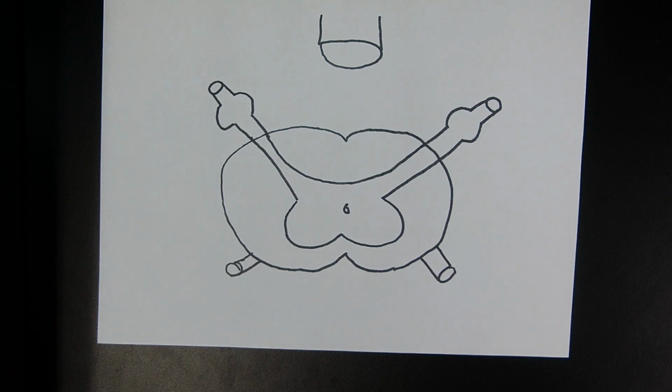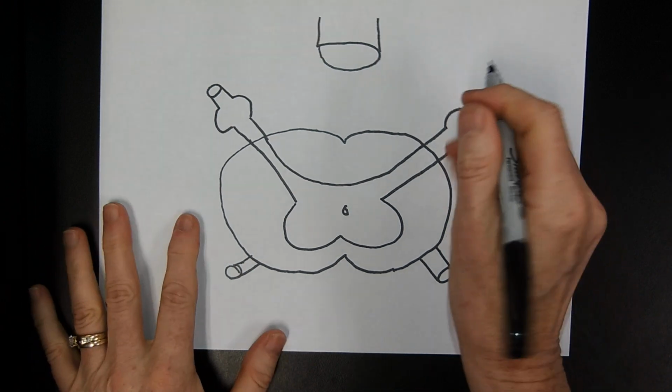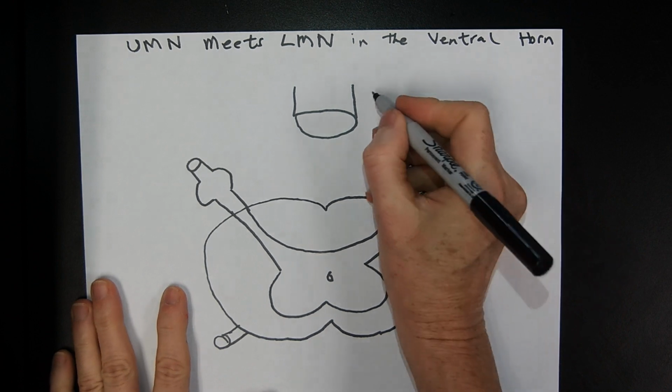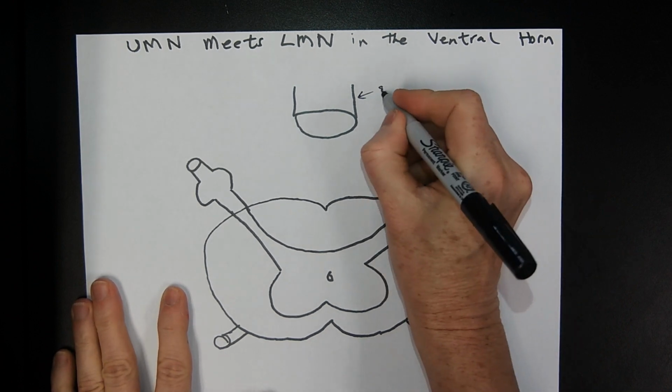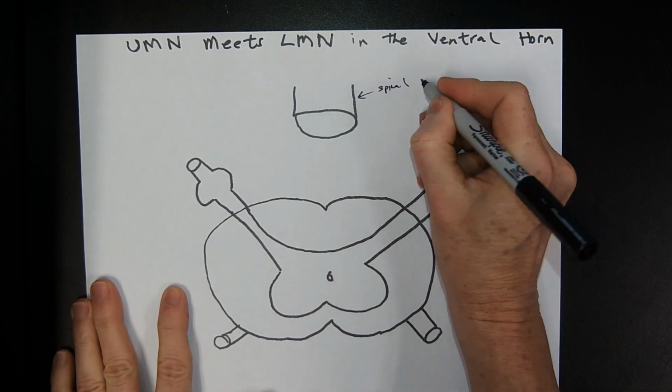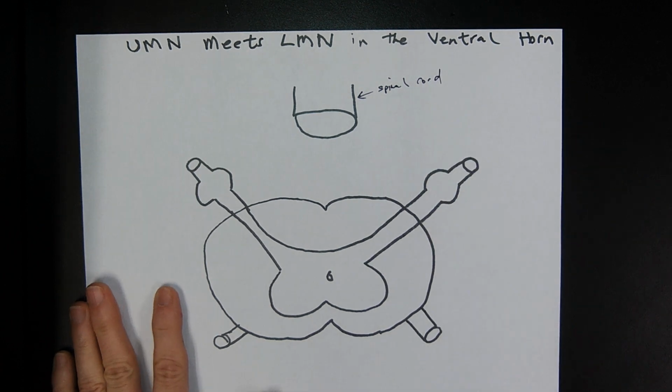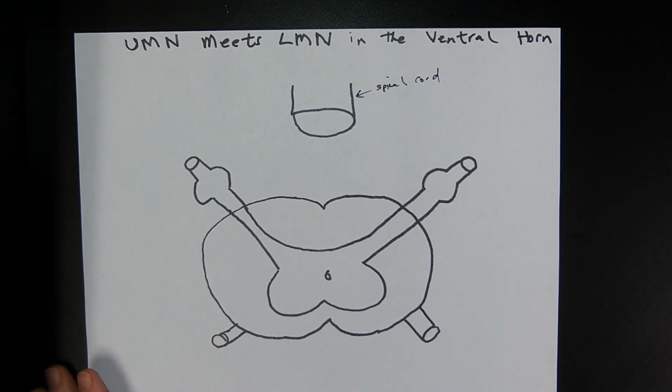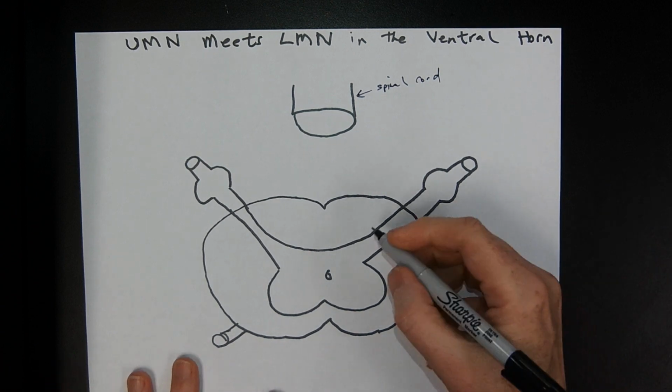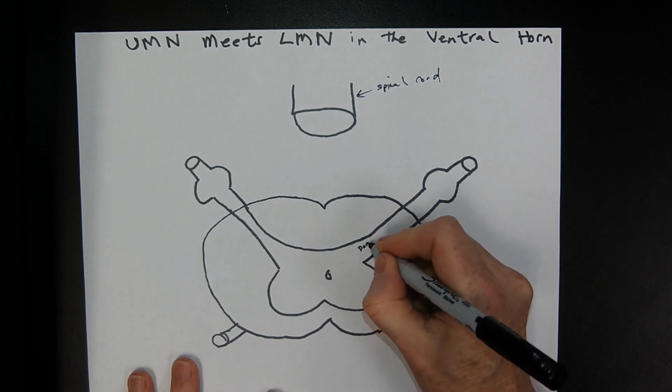Okay, let's go ahead and look at this. So coming down, this is just the spinal cord coming down. You can draw in, and then so this is our dorsal gray horn.